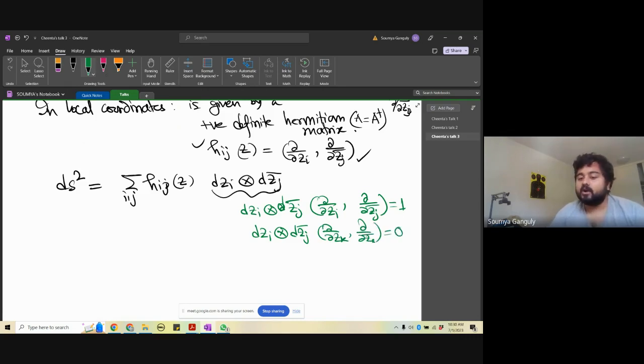It is basically a dual vector of this whole vector here. Anyways, the point is that this tensor product sign here means that this acts on this and this acts on this. They separately act on two components.